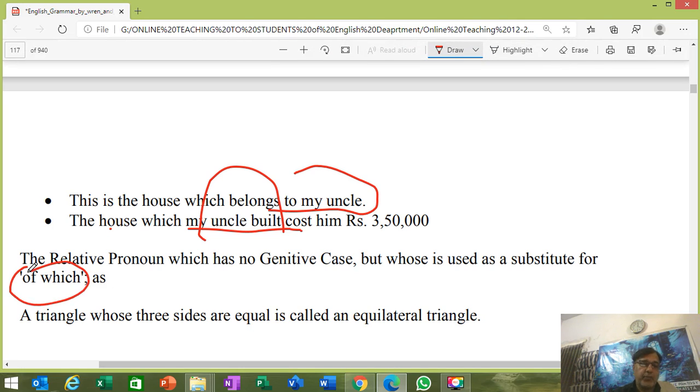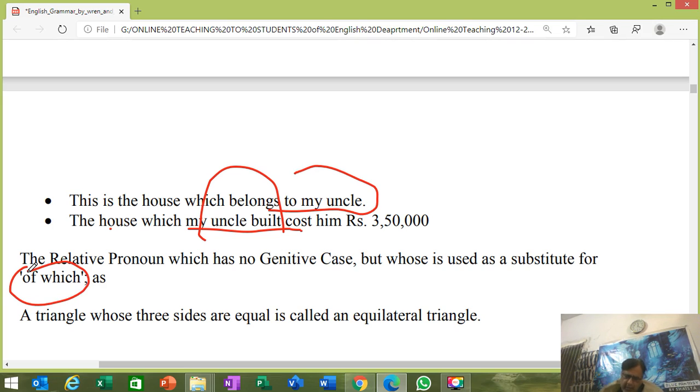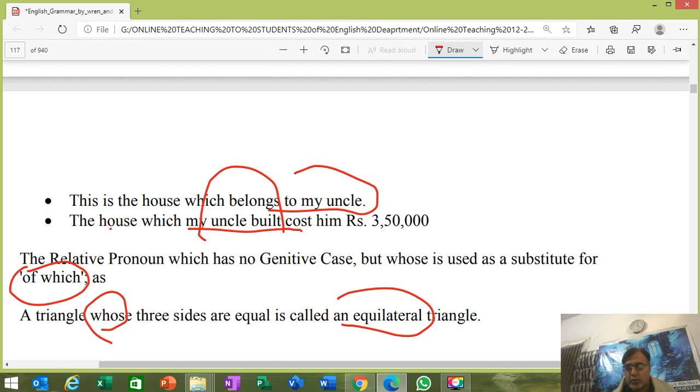In other words, it is like an apostrophe, it shows belongingness. A triangle whose three sides are equal is called an equilateral.